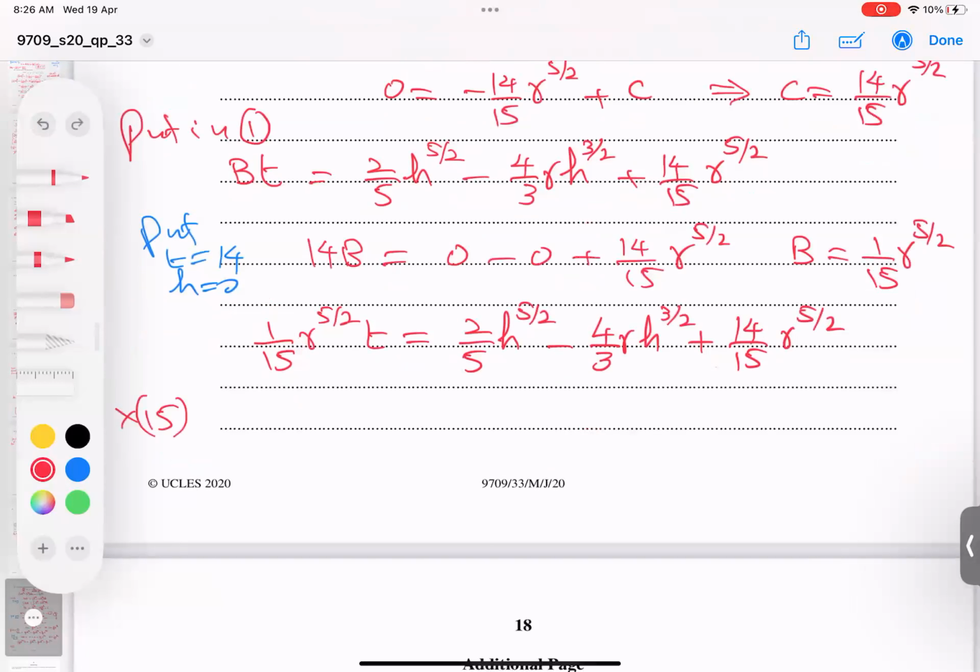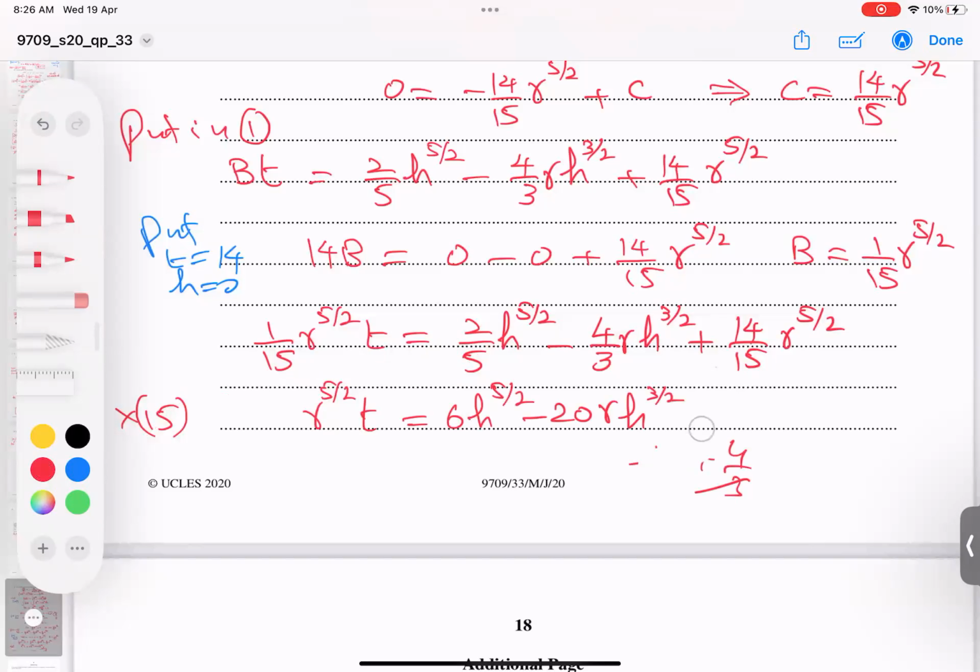Into 15 here, it cancels out. Into 15 here, 5 3s are 15 and 3 2s are 6. So I get 6 here. When 15 multiplies here, 15 into 4 over 3, so I get 20 minus 20 r h to power 3 by 2.